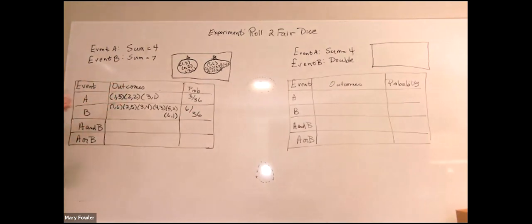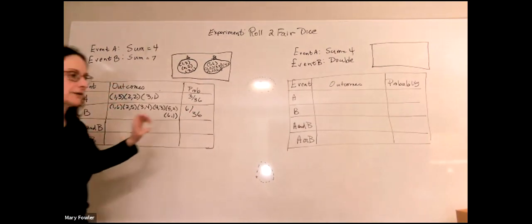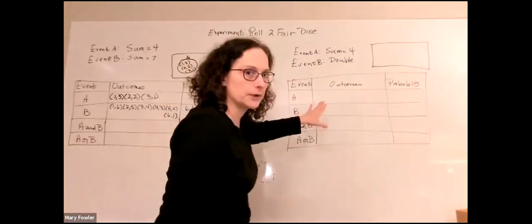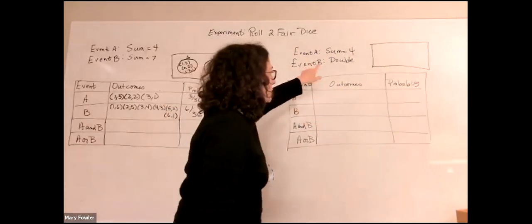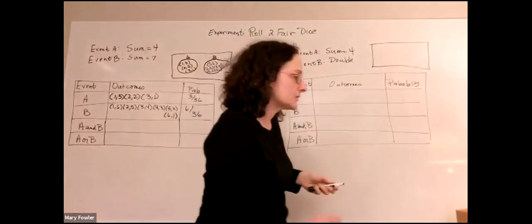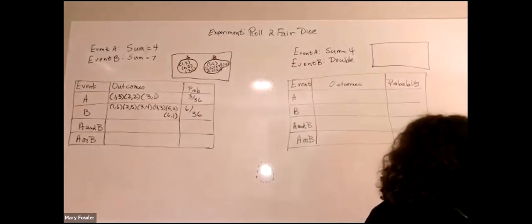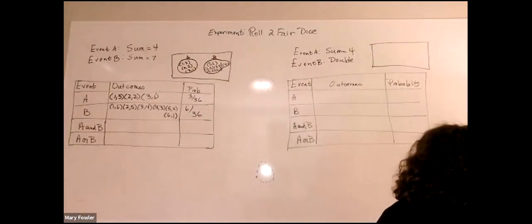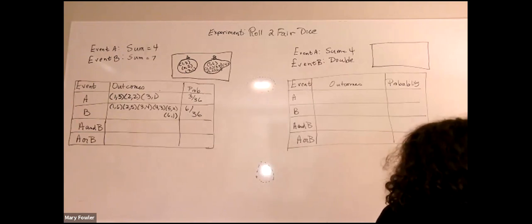Okay, let's go over and look at the set of events on the right-hand side of the board here. We're looking at the 2 events, a 4 and a double, so take a moment to go back into the notes again to look at the 4 and the double.